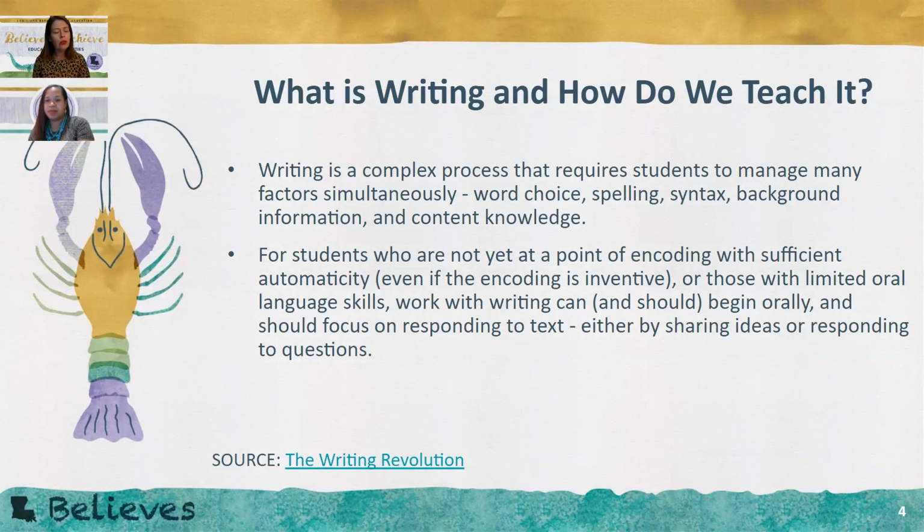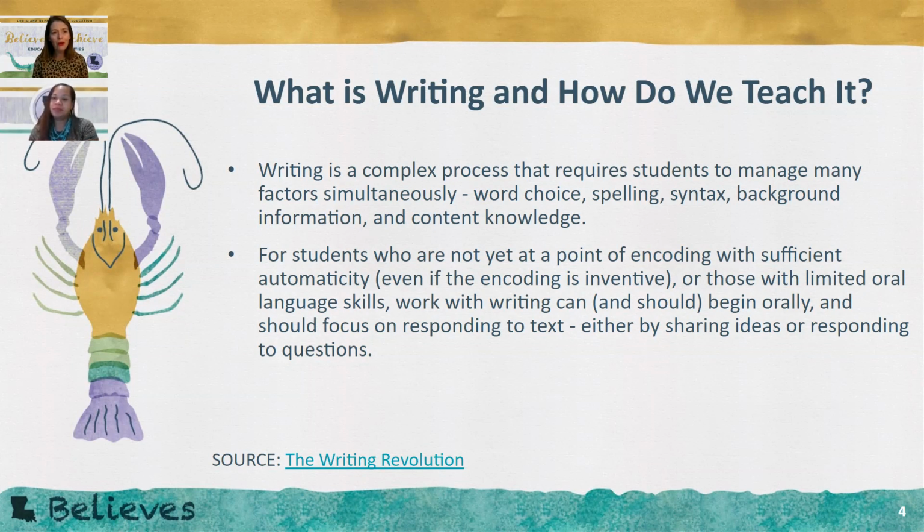But then on the other hand, we're building their ability to think critically, develop ideas about texts, develop ideas about content that they're learning, and respond appropriately. Now, at this earliest level, you can support that second component of writing instruction through deep questioning, right? Building their ability to communicate orally. Because as they become more proficient in communicating orally, that will ultimately transfer to their writing once they're able to encode with automaticity, right?